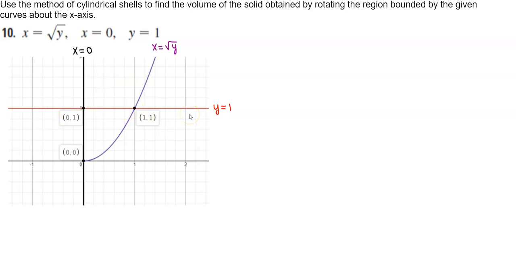Because we're going to rotate the region about the x-axis, that means we are going to revolve it around the x-axis in that way. So we're going to create our cylindrical shell that way.